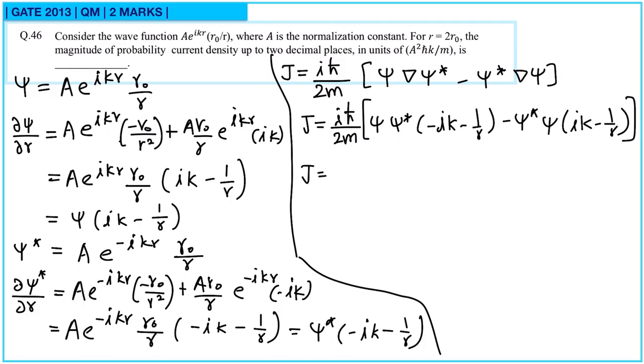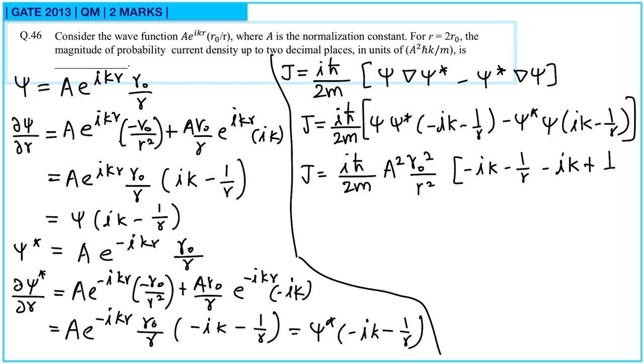So J is equal to i h cut upon twice m. We can take psi star psi common, that is equal to A square r naught square upon r square. And in bracket we have minus i k minus 1 by r minus i k plus 1 by r. So this will cancel out.